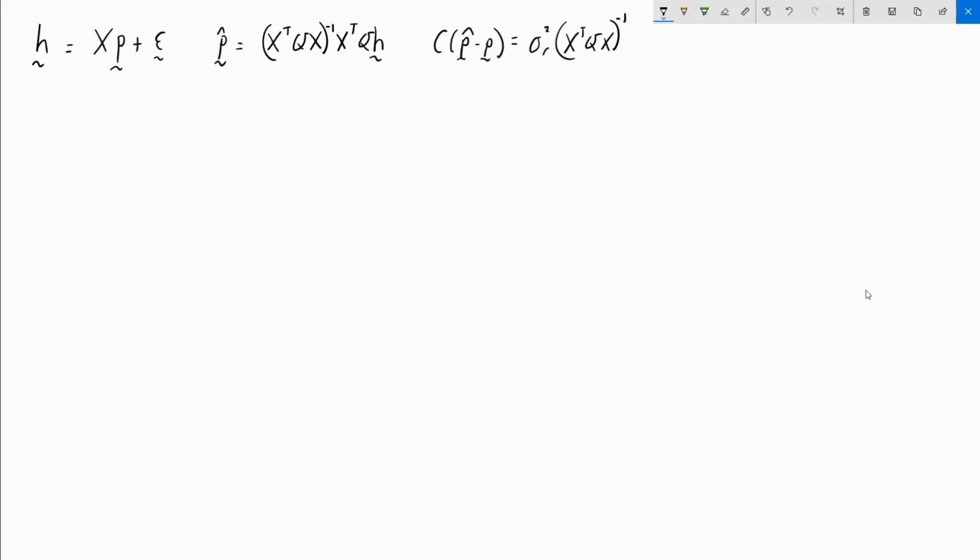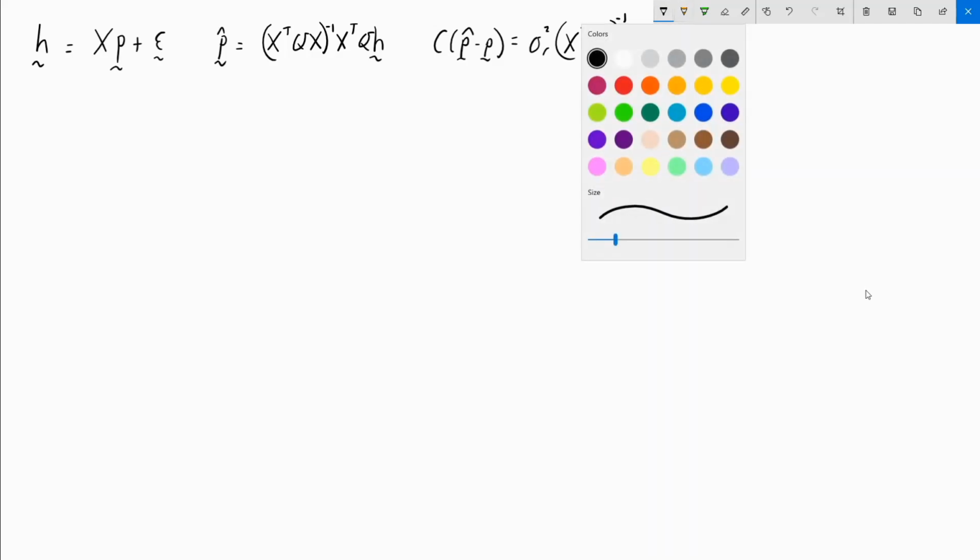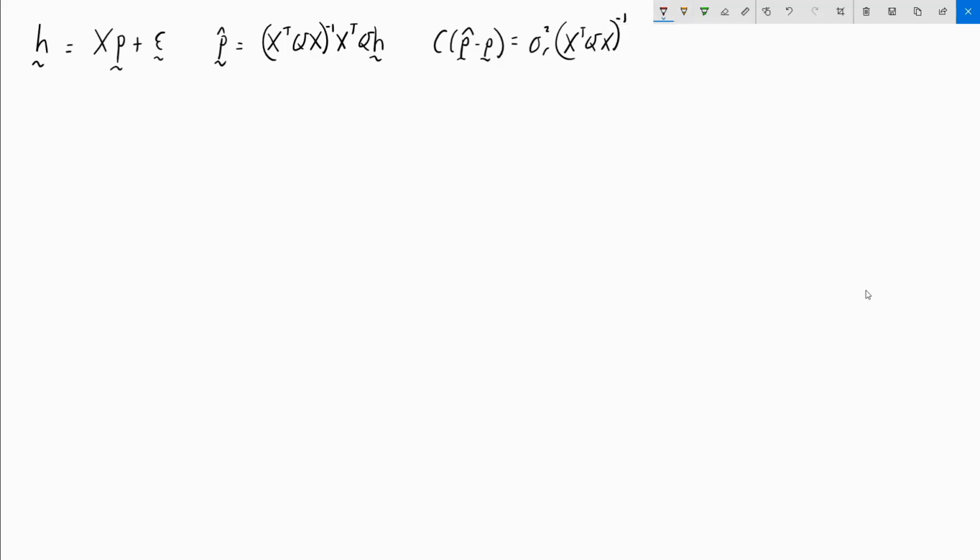We also said that by making a choice that Q, our weight matrix, is proportional to the inverse covariance matrix of measurement noise, we obtain a solution of minimum error variance for the parameters.